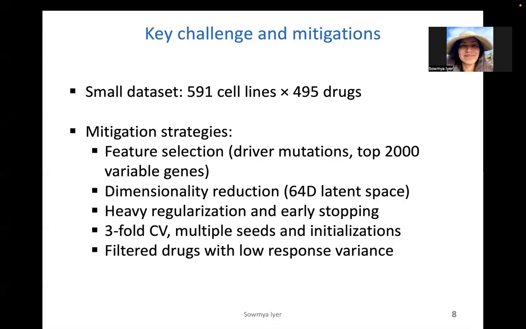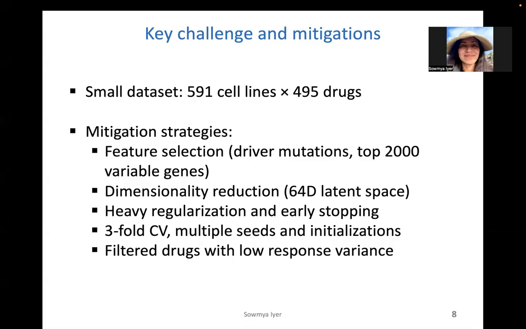Heavy regularization, like a dropout of 0.6, early stopping, and 1e-2 for L2 regularization. I did threefold cross validation using 7 seeds and 5 model initializations per iteration. And at the end, what was also evident was that certain drugs are just not predictable.